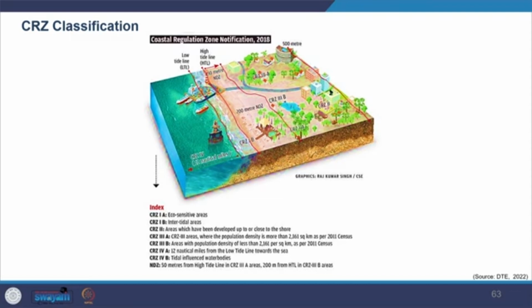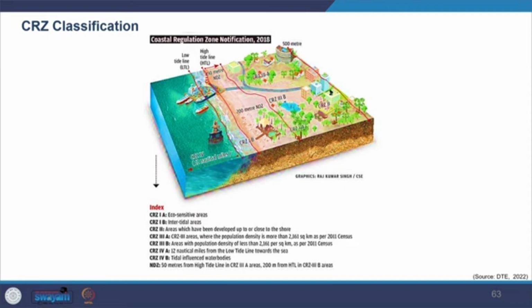Likewise, you can see CRZ2, which would be the developed land area close to the shoreline, and within the existing municipal limits or other existing legally designated areas. That area would be included under CRZ2. Then you have CRZ3, that includes the land areas that are relatively undisturbed.